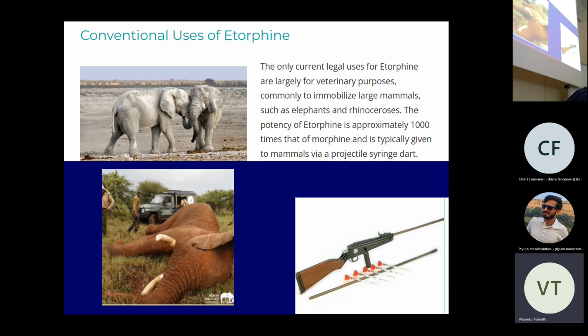Yes, please. The morphine derivatives sold in the various pharmacies, are they the active form ones or the neutral uncharged ones?